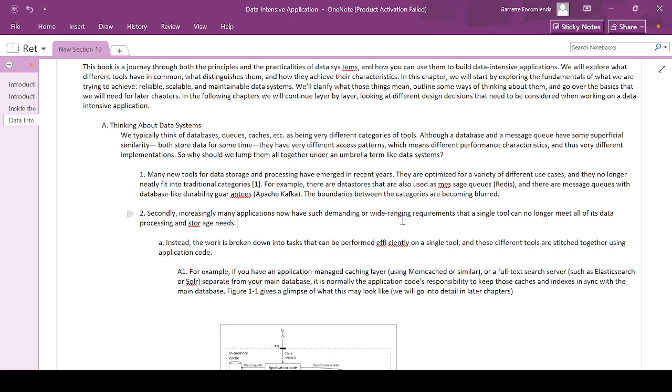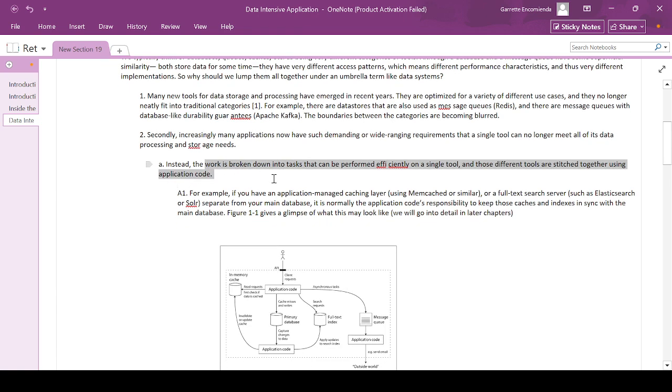Secondly, increasingly many applications now have such demanding or wide-ranging requirements that a single tool can no longer meet all of their data processing and storage needs. Instead, the work is broken down into tasks that can be performed efficiently on a single tool, and those different tools are stitched together using application code.